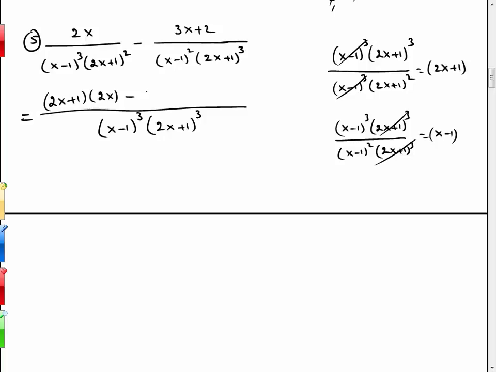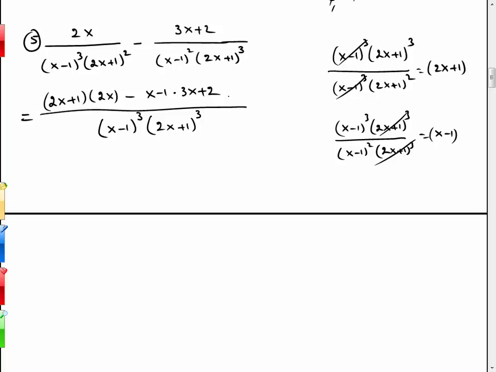Let me do something here on purpose. Oh yeah, x minus 1 times 3x plus 2. Is that right? Did I actually multiply? If I write it like that, x minus 1 times 3x plus 2, have I really multiplied the quantity x minus 1 with the quantity 3x plus 2? No, I did not.